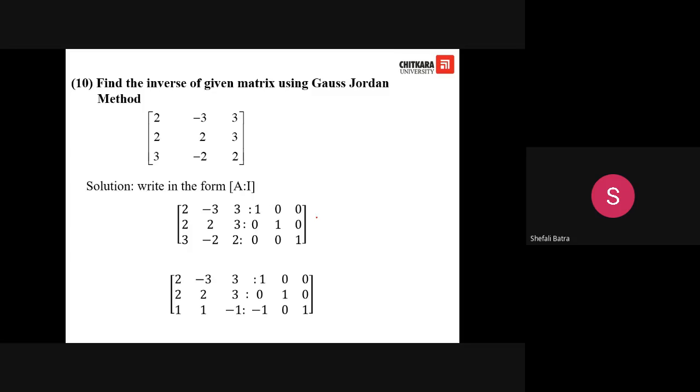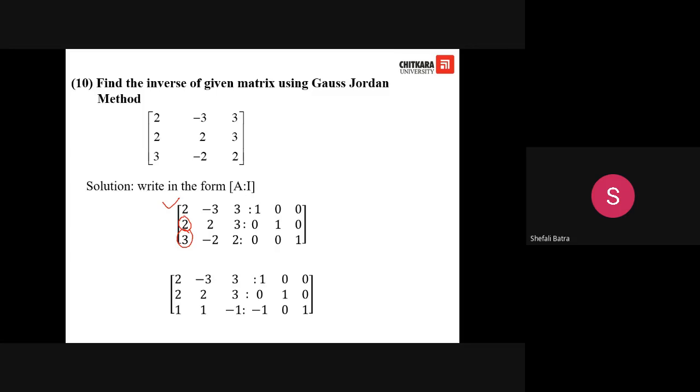Now you need to start. So if I'm making this 0 or this 0 with the help of R1, so you can do it, right? If directly you will start your question, then all calculation will be in fractions. So it's your choice whether you want to go with the fraction or without fraction.